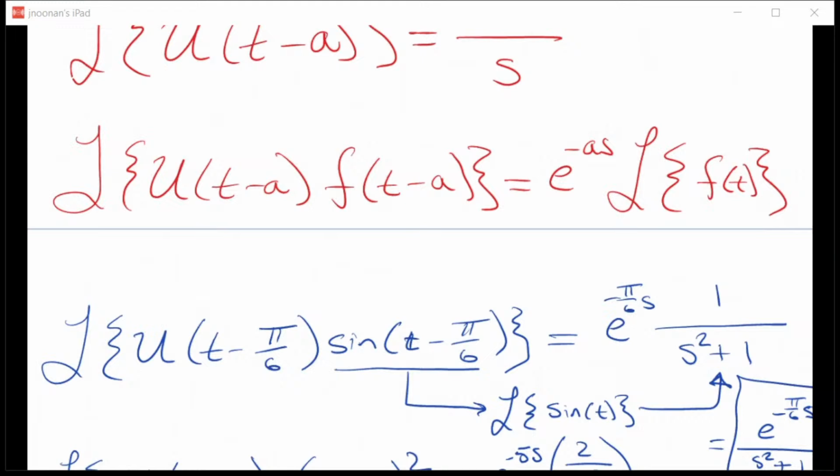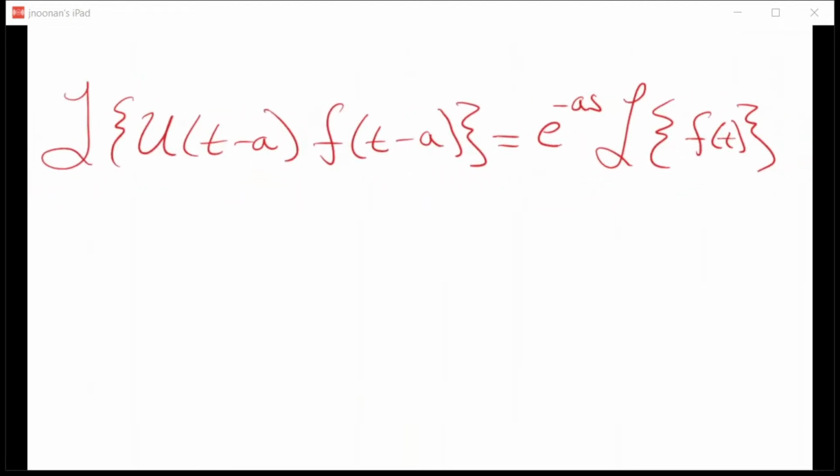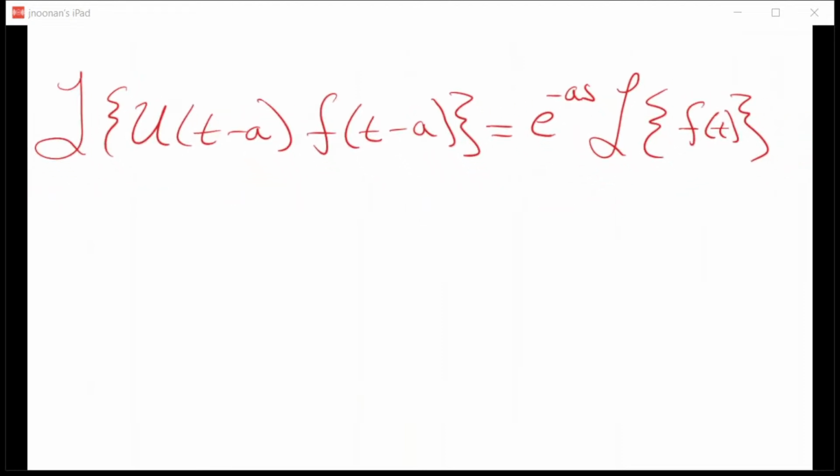Here is, whoops, trying to copy that. I'm going to paste it down here because I don't want to have to rewrite. There, so it's related to this, and what I would like is something like this: the Laplace transform of the Heaviside function shifted by a units times some function that is not shifted.